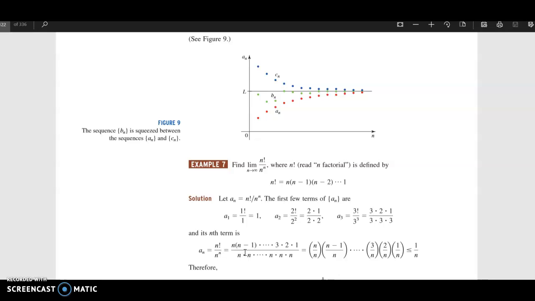The nth term is given by n into n minus 1 into etc., 3 into 2 into 1, divided by n into n up to n times. One n gets cancelled, and this is n minus 1 by n, 3 by n, 2 by n, etc.